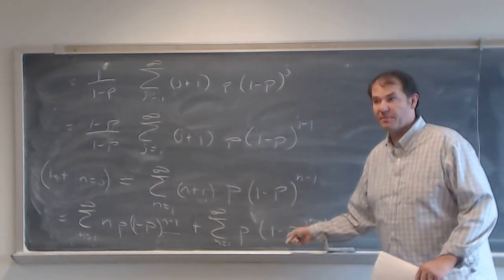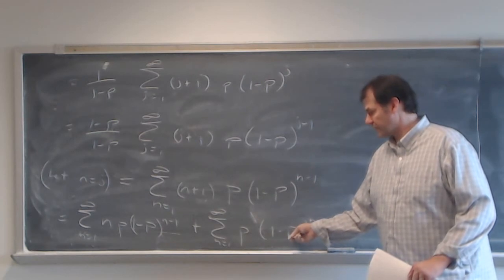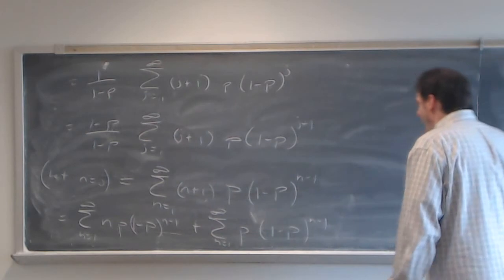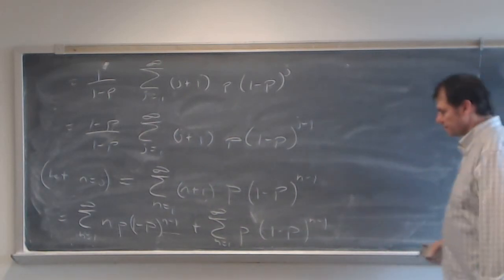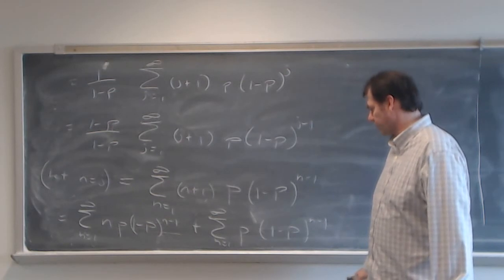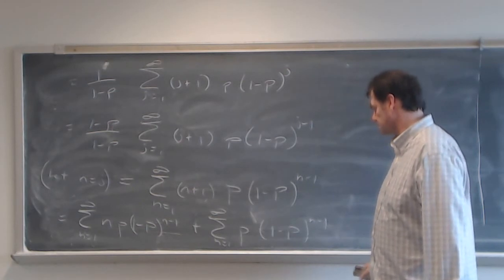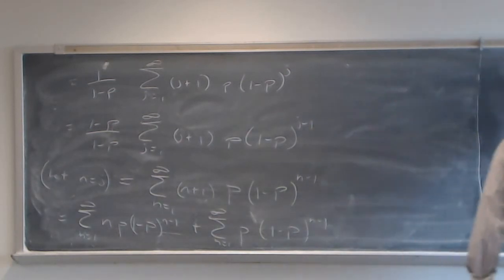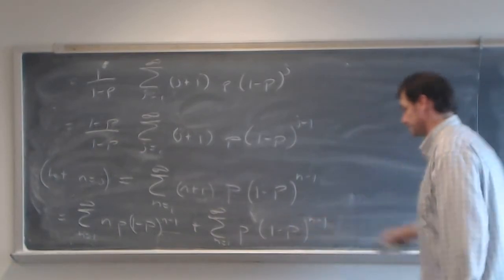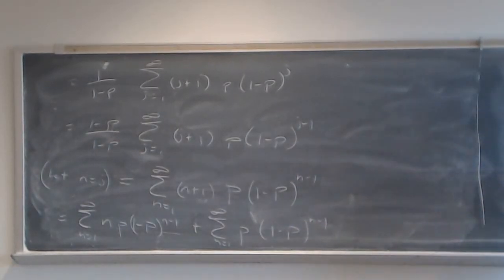This is the sum of the PMF for a geometric random variable, and so we know it's equal to 1. You can get that by a geometric series. I said the wrong thing before.